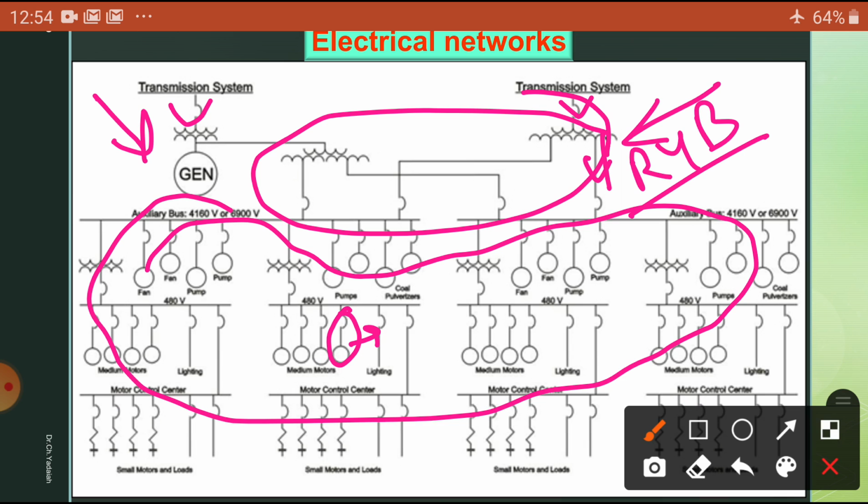I want to know what is the current in this branch. I want to know the voltage drop, the voltage across this one. I want to know the power coming and going. So I want to know all these characteristics in a particular branch, a particular element.